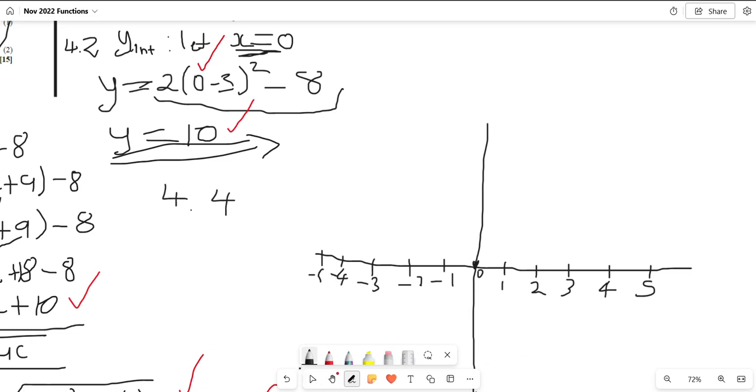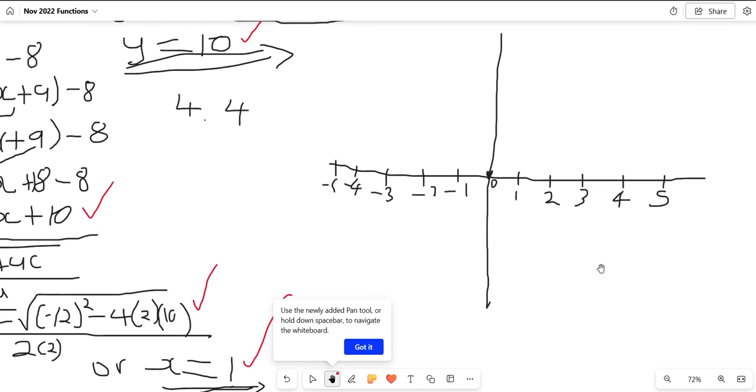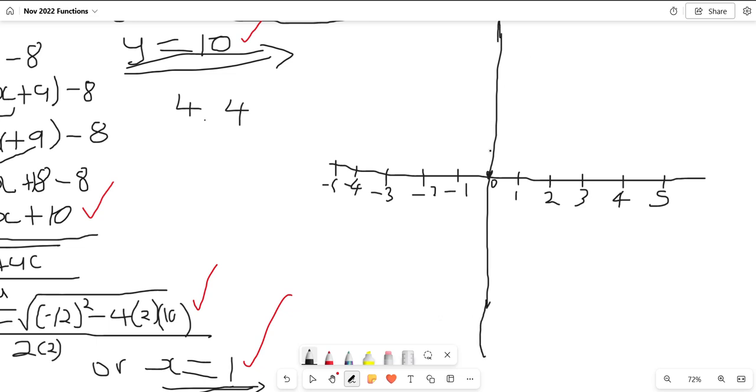Then let us go down here so that we have 2 4 6 8 10.